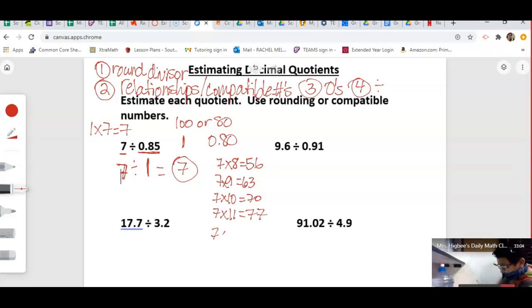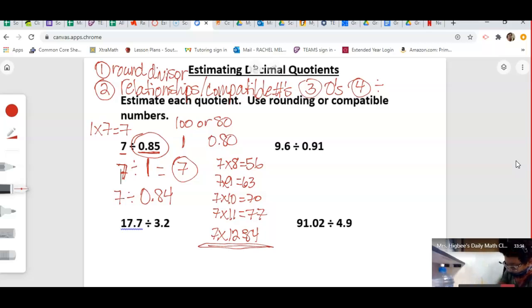And 7 times 12 is 84. Now, if I want to, I can think about this. 7 times 12 is 84, that relationship. And I can take this 0.85 and I can change it actually to 0.84 because of this relationship. And then I start thinking of 7 having a relationship with 84.